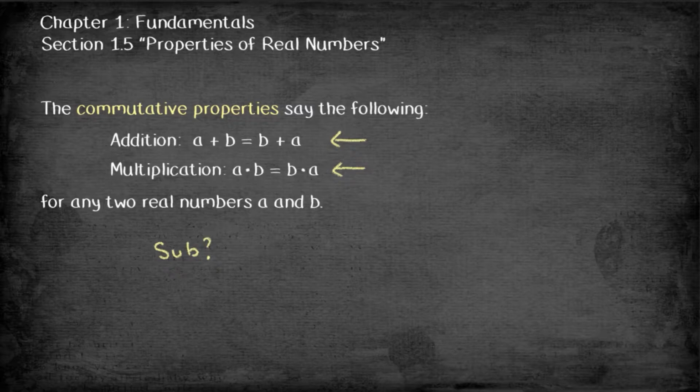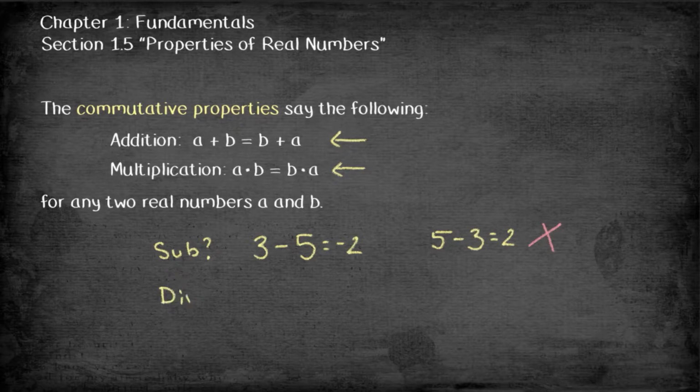If we just look at an example, let's say 3 minus 5, compare that to 5 minus 3. 3 minus 5 gives us negative 2, whereas 5 minus 3 gives us positive 2. Now, obviously, these two aren't equal, so no, subtraction does not have a commutative property.